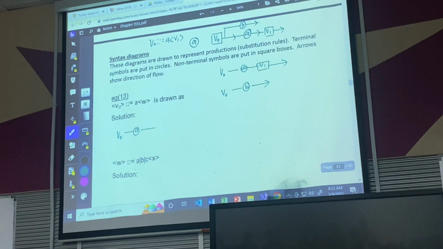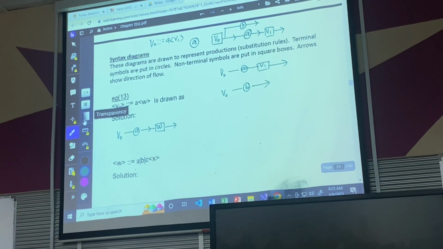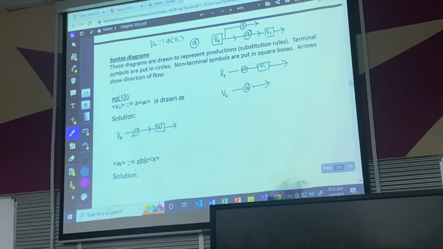So terminal for A, W non-terminal, so you draw the square rectangle. This is the first one. V0 substitutes with AW. A is a terminal, W is a non-terminal. So put it in a rectangle here. Terminal, put it in a circle.